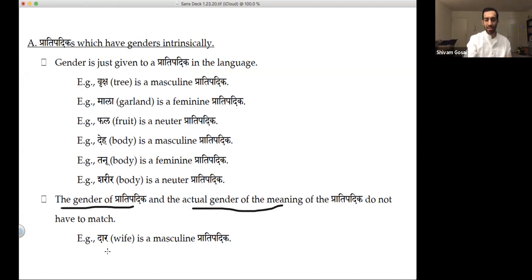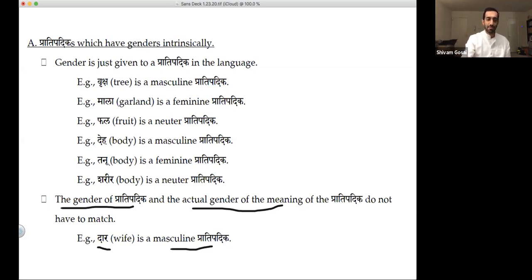Dhara, wife, is a masculine pratipadika. So they're not going to make it easy. There are different words for wife, and there are words for wife that are feminine, but this pratipadika happens to be masculine. So it doesn't always match up with the meaning. Okay.